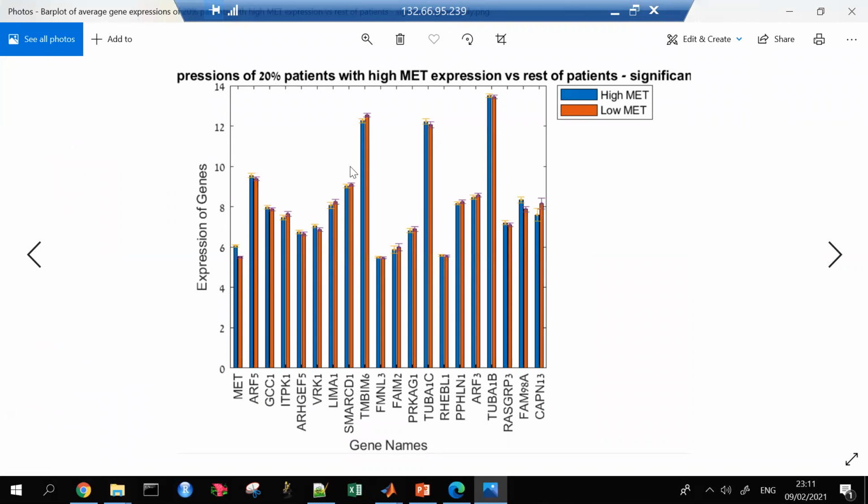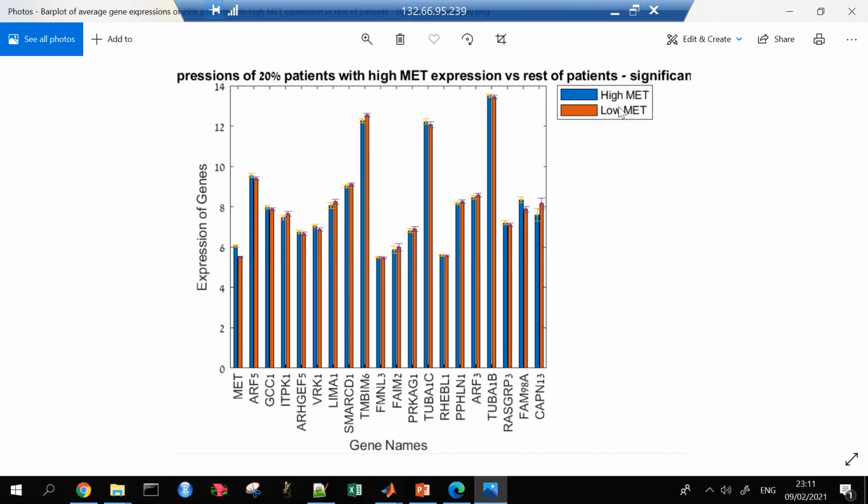What you see here is, in this case, we separated our cohort of patients into patients which have high expression in MET and the rest of the patients, or patients which have lower expression in MET.